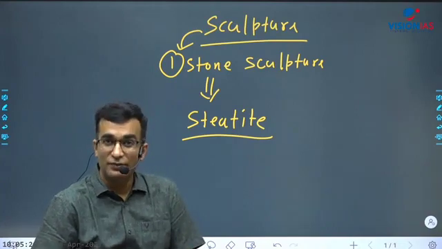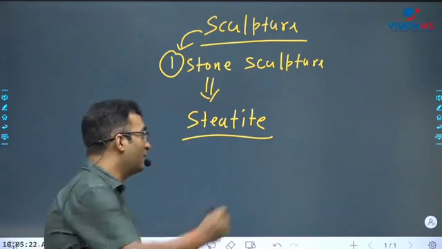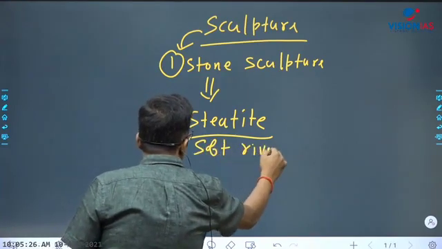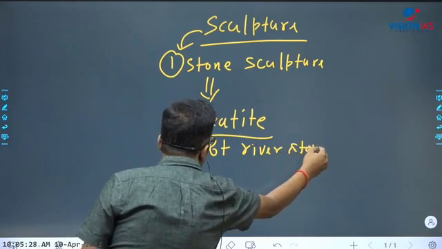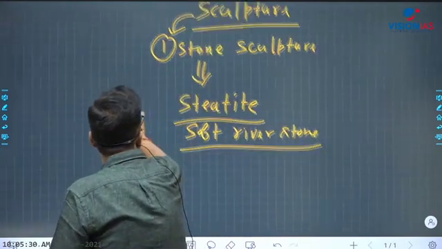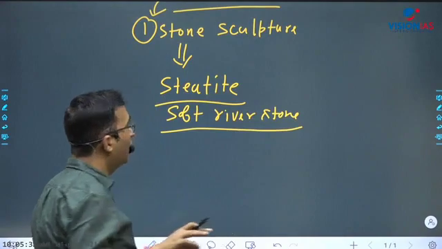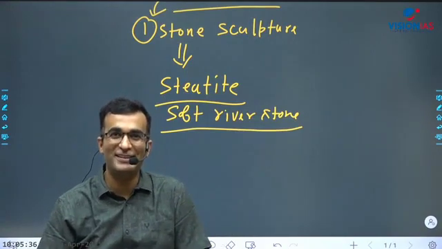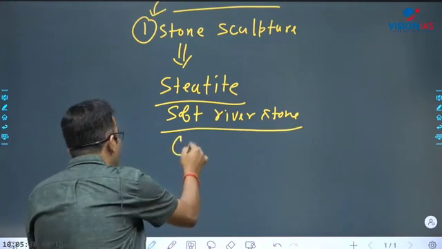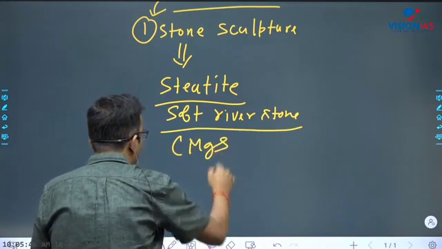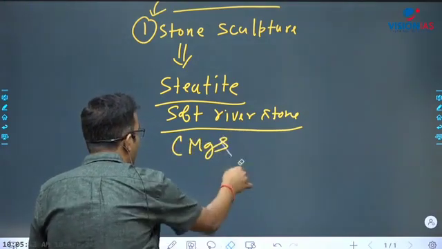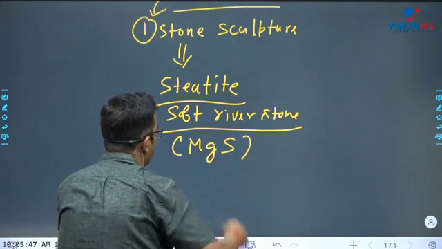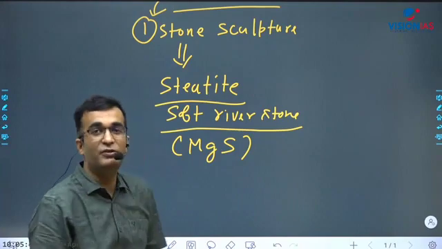So steatite was used for making it, and steatite is a soft river stone. Moreover, when you go into the chemical composition of the steatite, this is not necessary, but I'm writing magnesium sulfide, so it is MgS. That's the composition of the steatite.